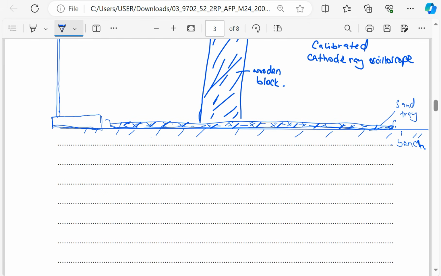Okay, so now I will write the SC in this experiment. Remember we said L was the independent variable and we said F was the dependent variable.